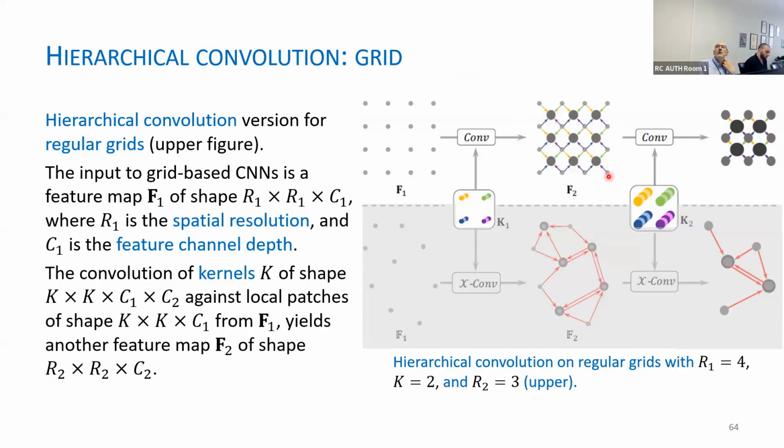Again, you can proceed with this idea of convolving with a kernel. Here you have a different kernel with dimensionality K2, and you apply it to this grid. I forgot to mention that here the convolution summarizes in this pixel the information that comes from 4 neighboring points.